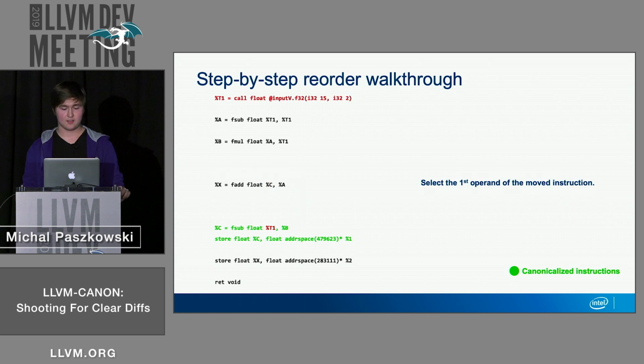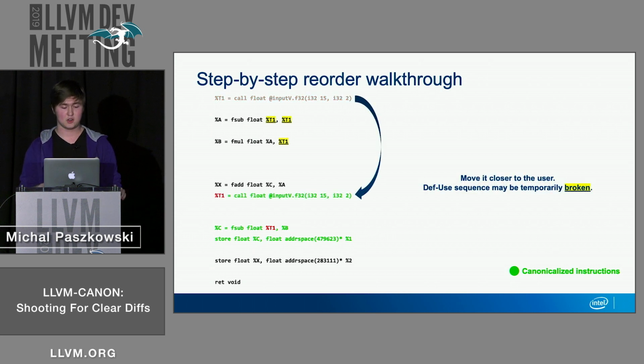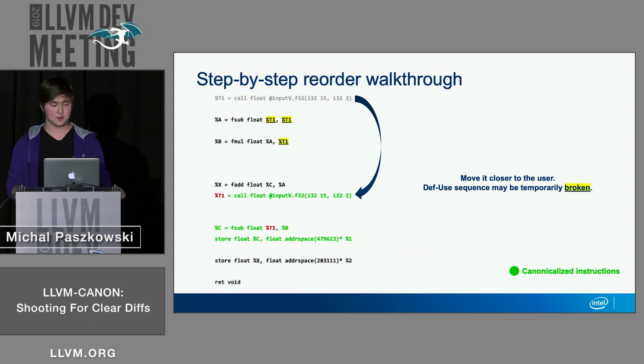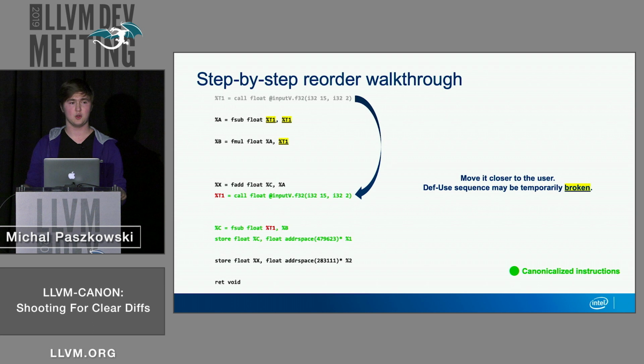And then we take the first operand of the instruction we just moved, so of the instruction C, and that operand is T1. We do exactly the same thing: we move it closer to the user. Now you see that the def-use sequence is broken for T1 operands in instructions A and B, though again, it's just temporary.